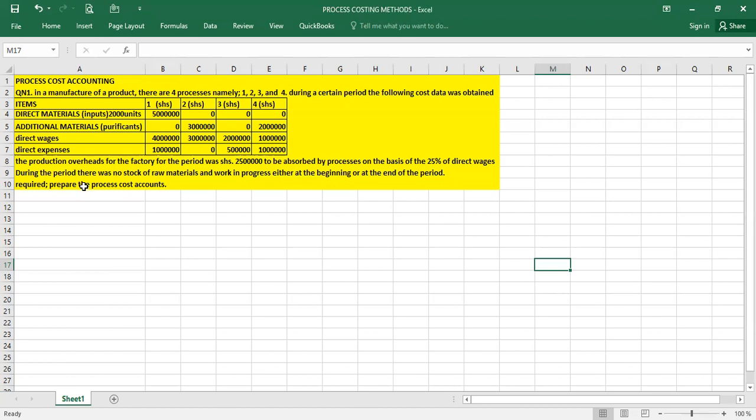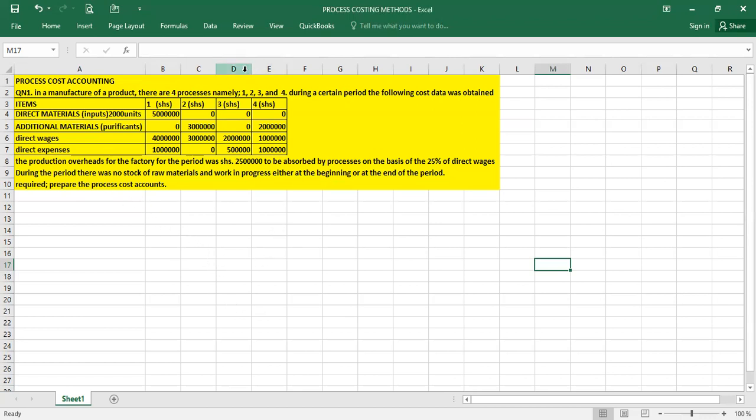They are saying that during the period there was no stock of raw materials and work in progress, either at the beginning or at the end. It means we never had work in progress, and we don't get work in progress at the end of the process. Then they say prepare the process cost accounts.